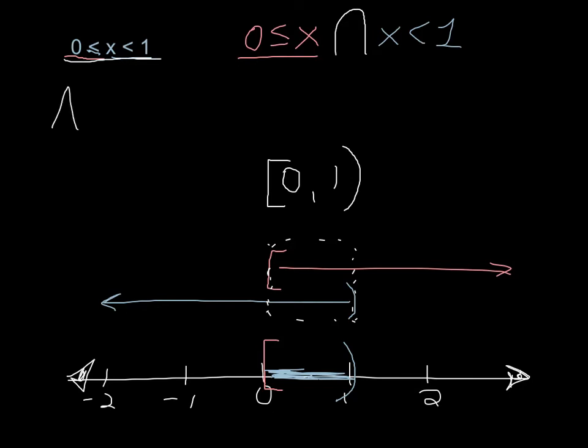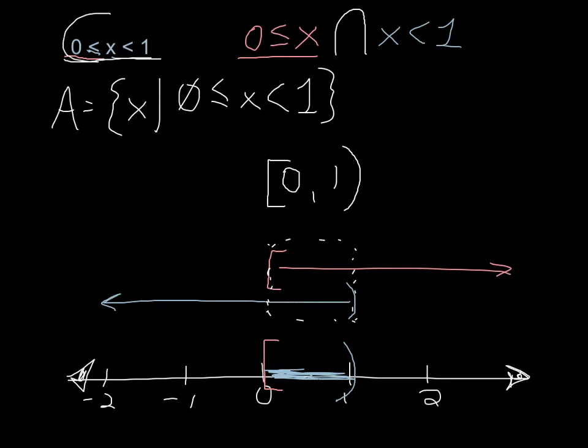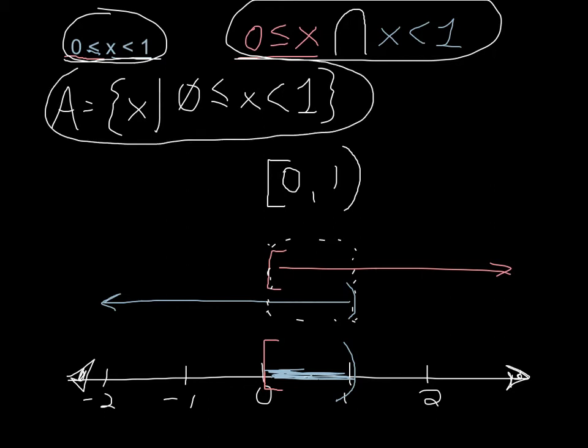So we just say A equals x such that, and we stick our compound inequality in there: 0 is less than or equal to x is less than 1. So now we have our 5 ways. We have compound inequality, we have union and intersection, we have our set notation, we have our interval notation, and we have our number line.